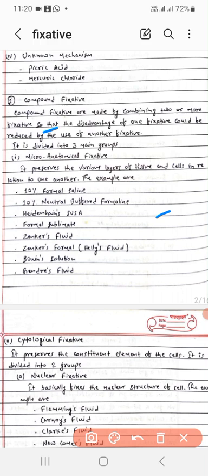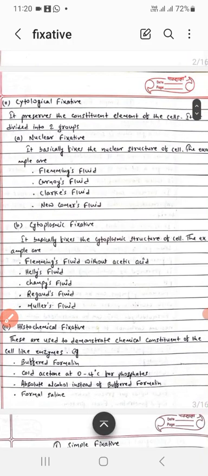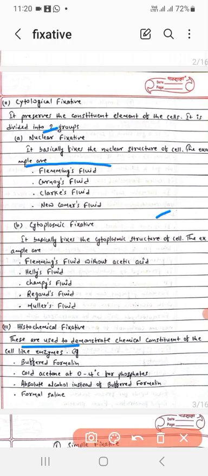It is divided into three main groups. Number one, microanatomical fixative. Number two, cytological fixative. And number three, histochemical fixative.